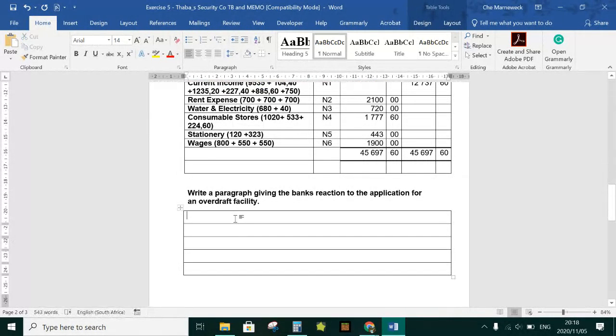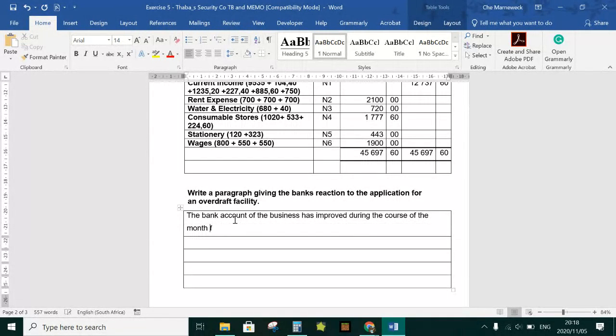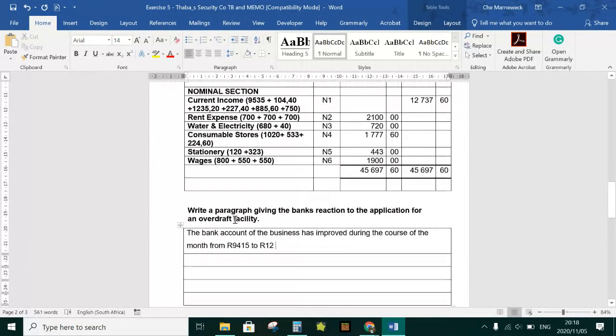So the business has improved during the course of the month from 9,415 Rand to 12,963 Rand.